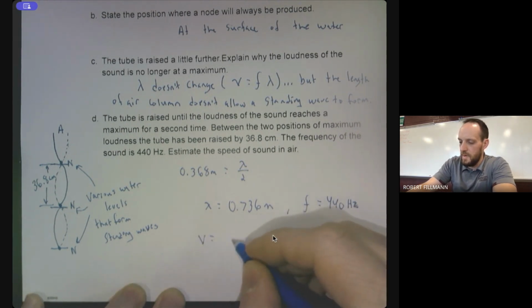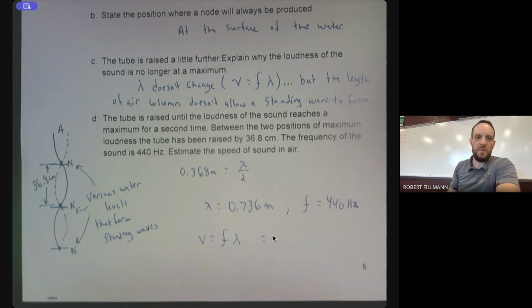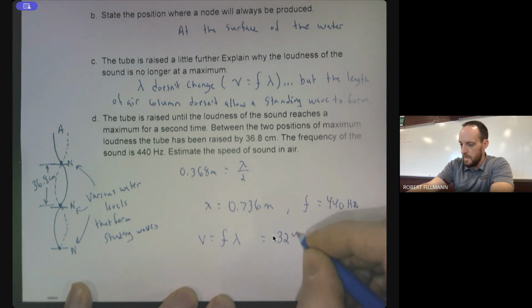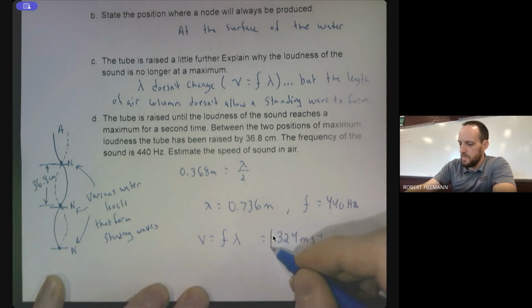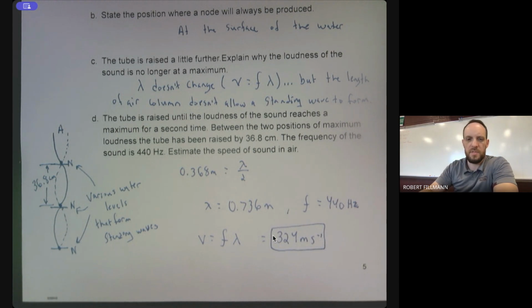So we're almost there. The speed of a wave is frequency times wavelength. So I can multiply those both together and we can determine experimentally how fast sound is traveling. And we get something a little less than the accepted value. Maybe there's some experimental error here. We get about 324 meters per second.